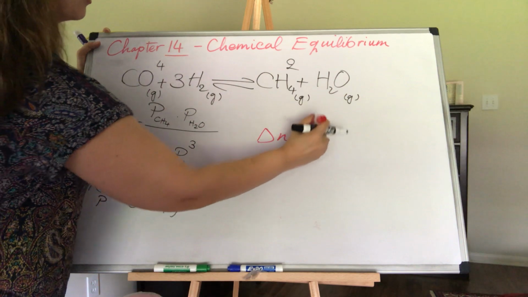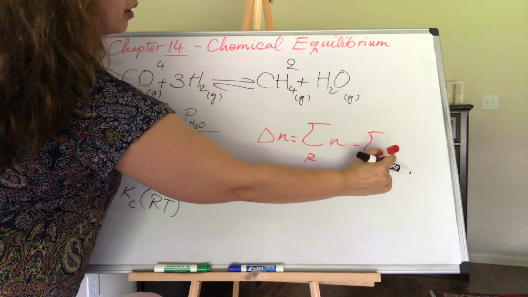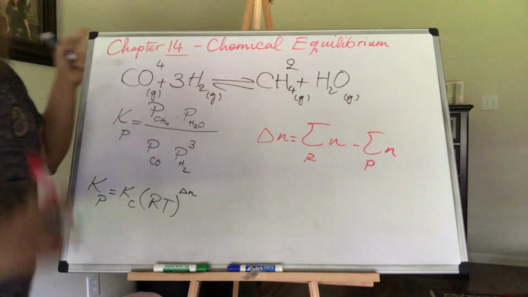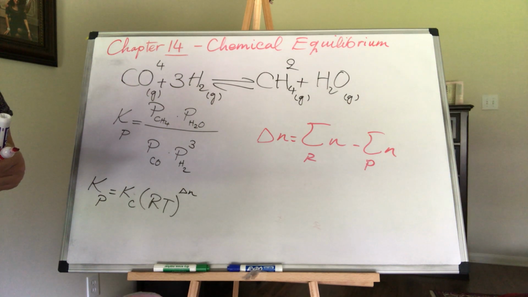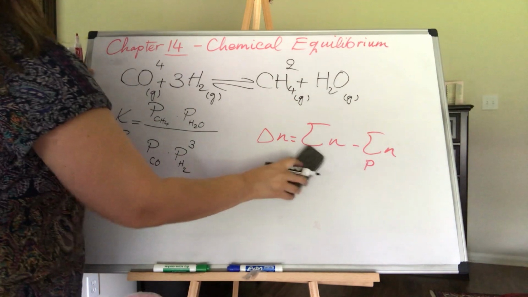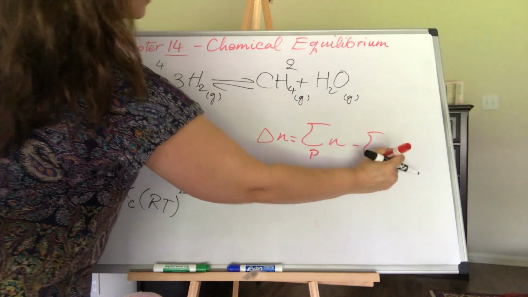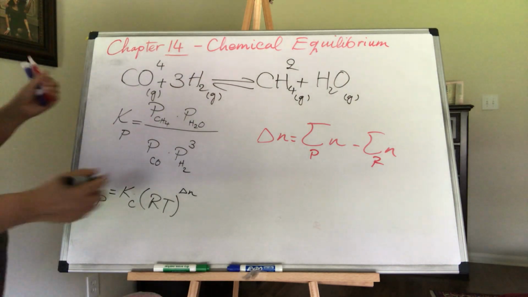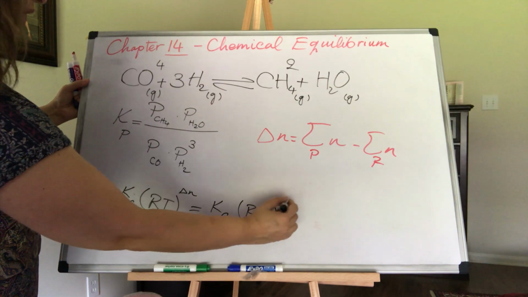Delta N is N of reactants minus N of products. No, I had given you the right one. Sorry. It's always the products minus reactants. Okay, so it's going to be Kc RT to the power of -2.